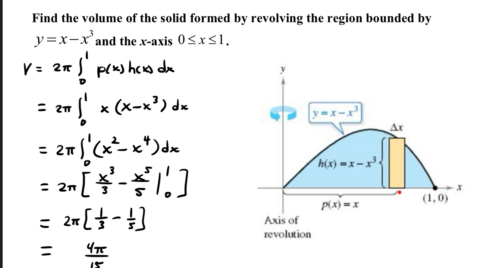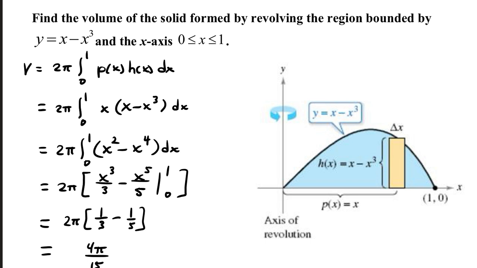P of x is equal to x. That's the average radius. Once this thing starts revolving, that beige rectangle will form that shell. The height of the rectangle is our function x minus x cubed. So let's put all this together.